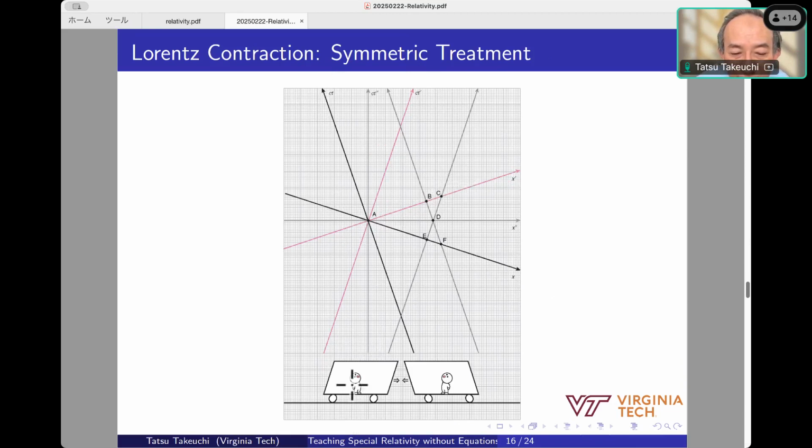Okay, and in the right moving frame, naturally, the observer riding the right moving train will compare the locations of the tail and the nose of the train you're riding, and the positions of the nose and tail of the other train car. So at point A, the nose of the left moving train and the tail of the right moving train are at the same position.